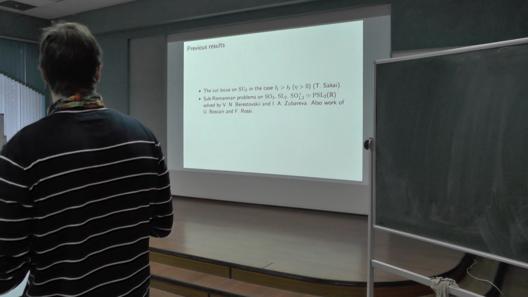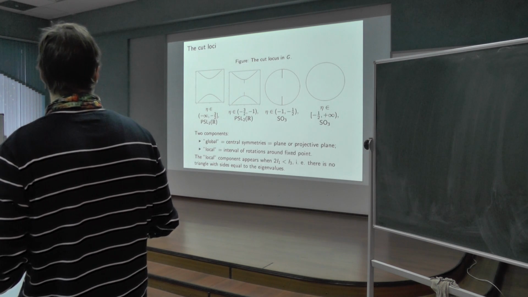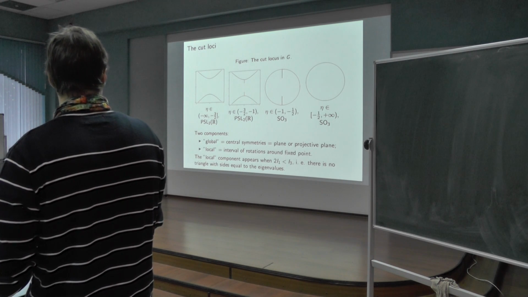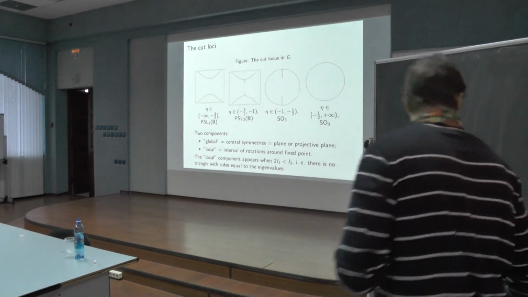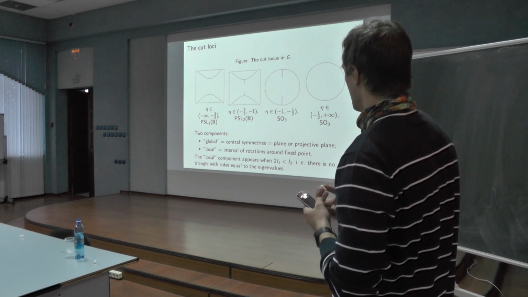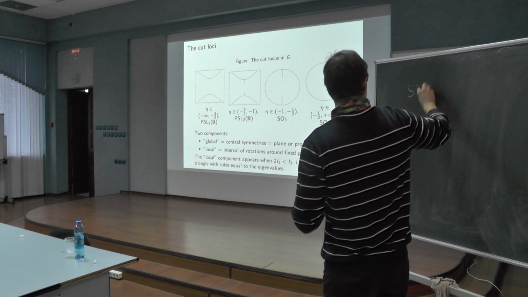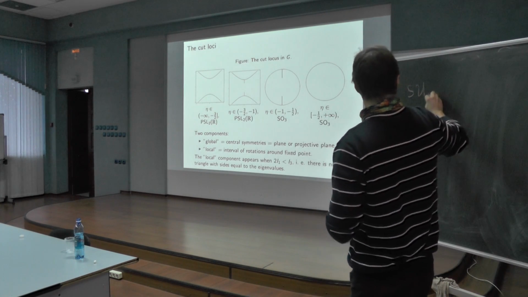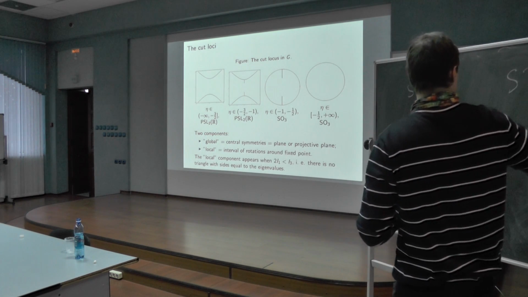And now I would like to present the new results on the cut locus. Here you can see the pictures, and I will explain what it is. These are the plots of the cut locus in the two-leaf coverings of our groups: SU(1,1) and SU2.